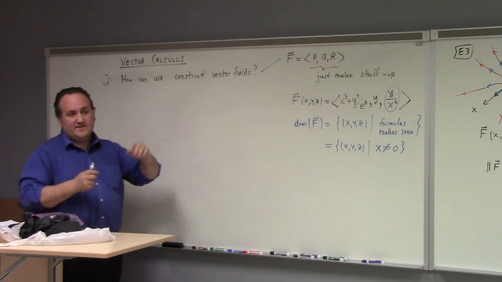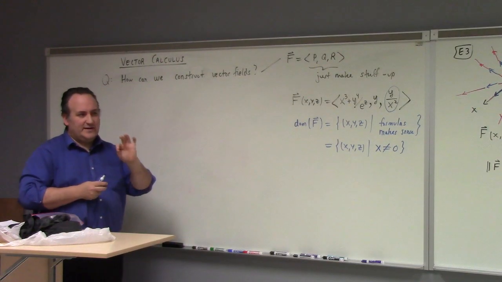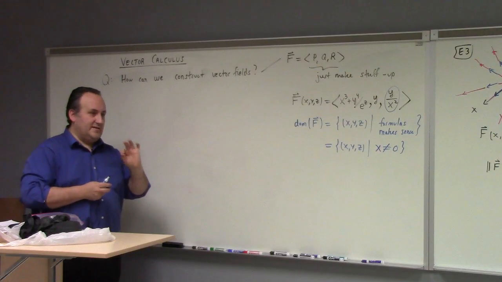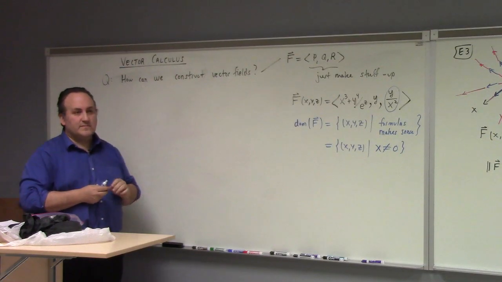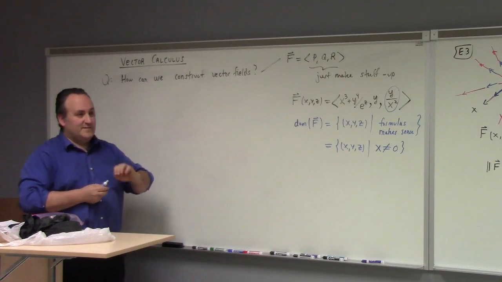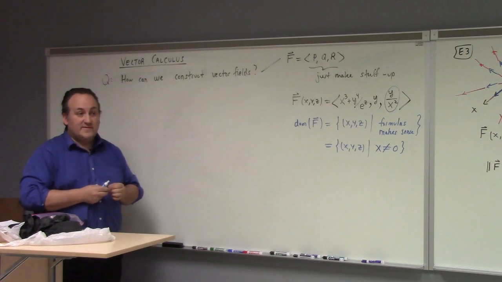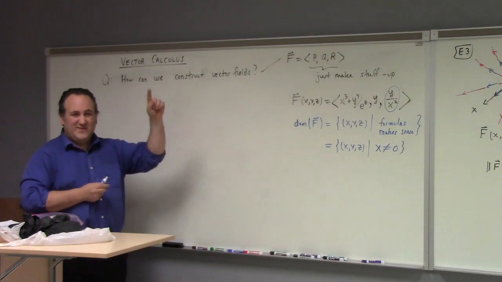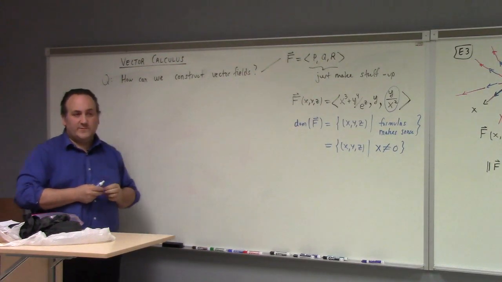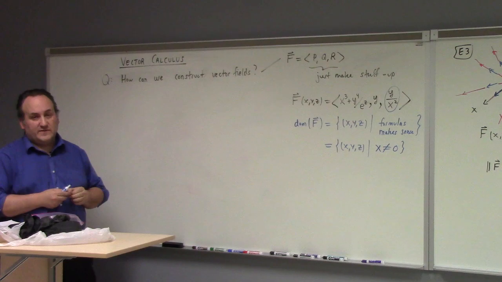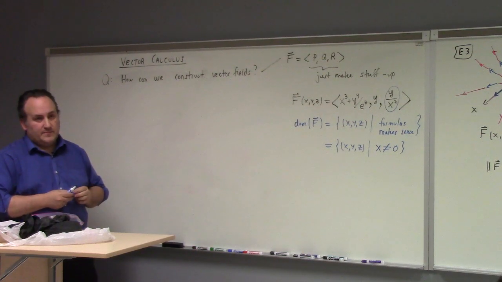All of 3-space except for 0 is not quite good enough. It's the right idea, but what do you mean by 0? The point 0, 0, 0 is part of it, but not enough. It's the z-axis: all of R^3 with the z-axis deleted, because the z-axis is where the cylindrical radius is 0.